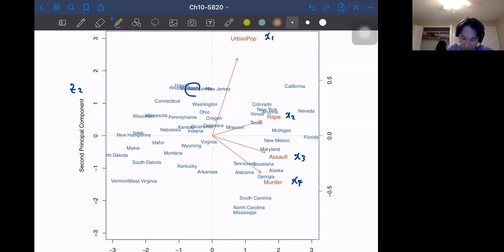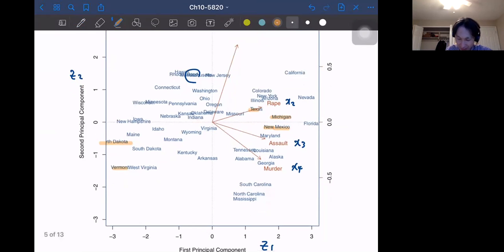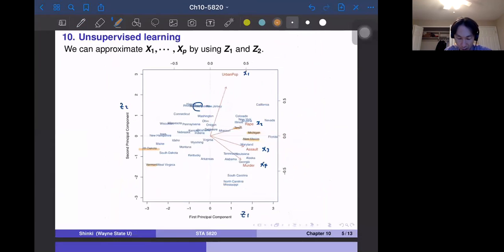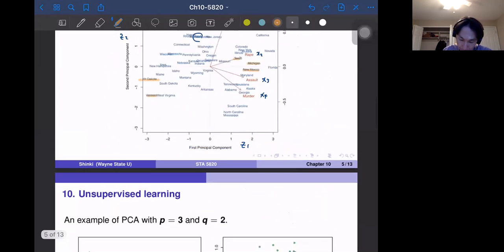So you can see that in terms of tendency, Michigan is closer to maybe New Mexico or Texas. It's further away from Vermont or North Dakota, maybe. It's not clear what that means, but you can use the principal components to characterize the original observations.